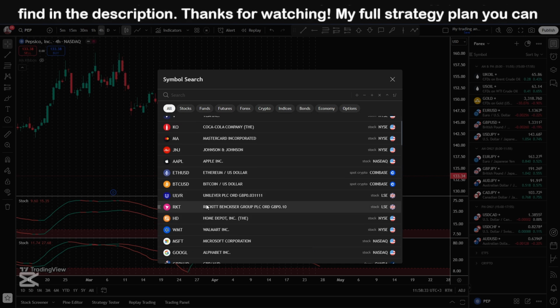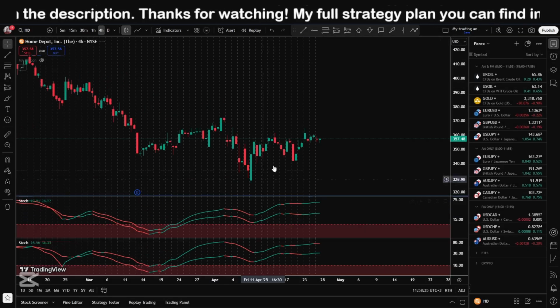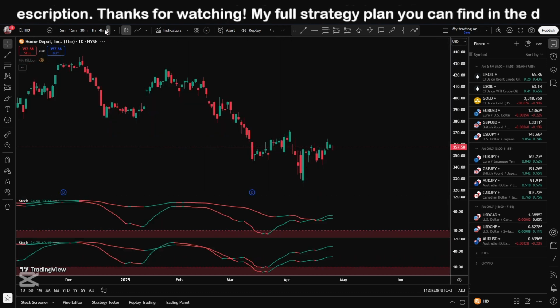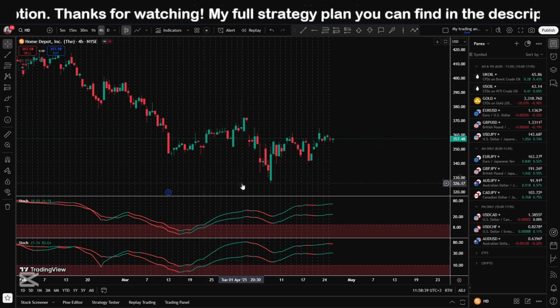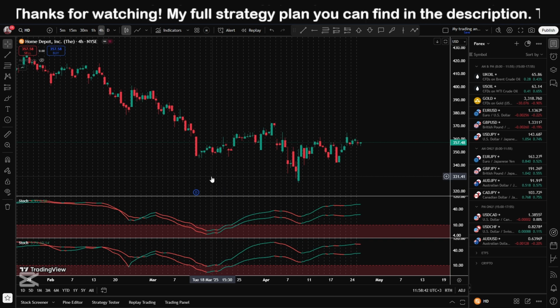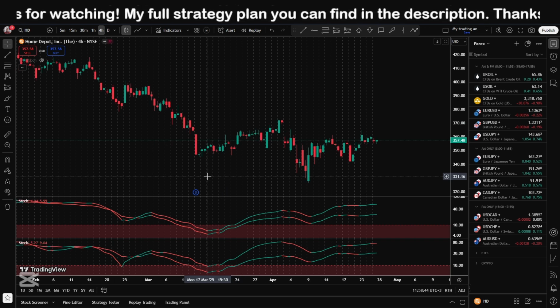Next stock is Home Depot. In Home Depot I invested a few weeks ago, here in March.